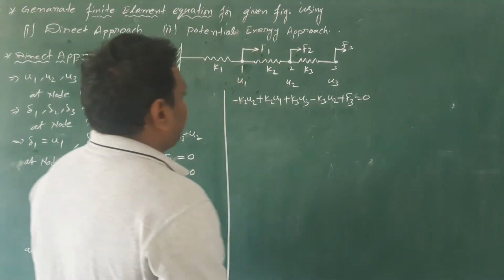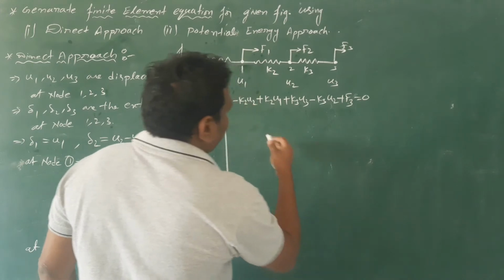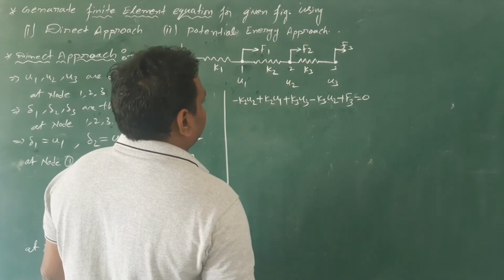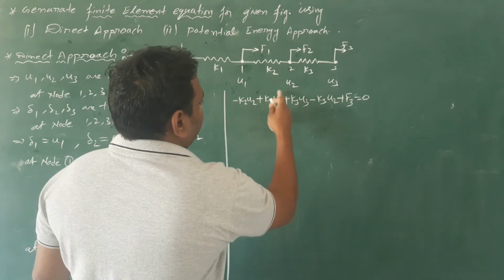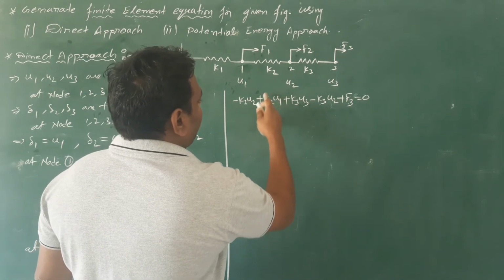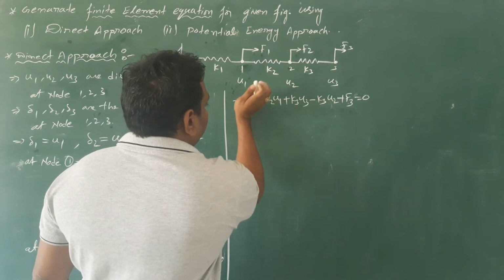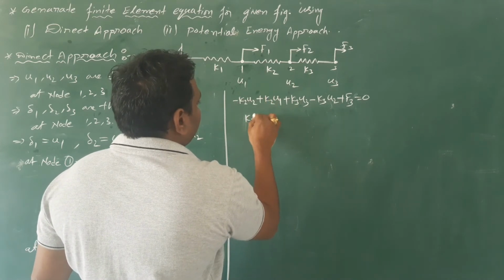Now take the displacements outside. U1 has only one component, K2 U1.